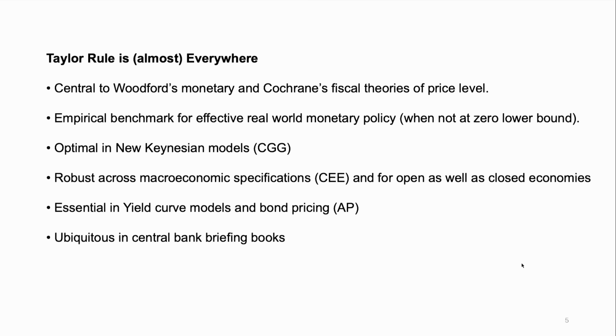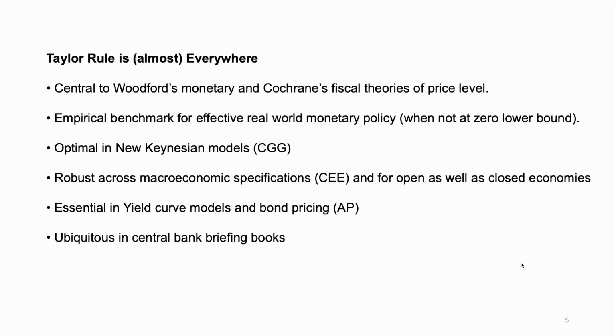Taylor rules have been inserted in almost every imaginable monetary economy, and they almost always deliver good and sometimes nearly optimal policy outcomes across a wide range of macroeconomic specifications. And Larry Christiano's work has highlighted this, including in models of monetary policy making and exchange rates in the open economy, which certainly I've worked on over time.